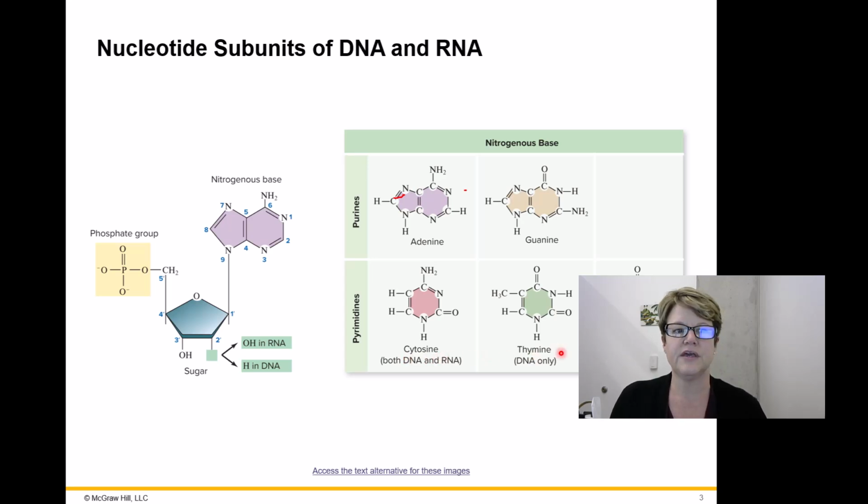Cytosine is one of them, thymine is one of them, and uracil is one of them. And so you need to know the general structure, sort of the skeletal structure of the purines versus the skeletal structure of the pyrimidines. And then you need to know that adenine and guanine belong in the category called purines, and cytosine, thymine, and uracil belong to the category called pyrimidines.